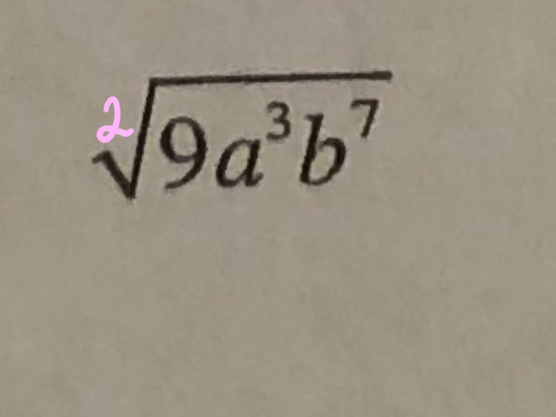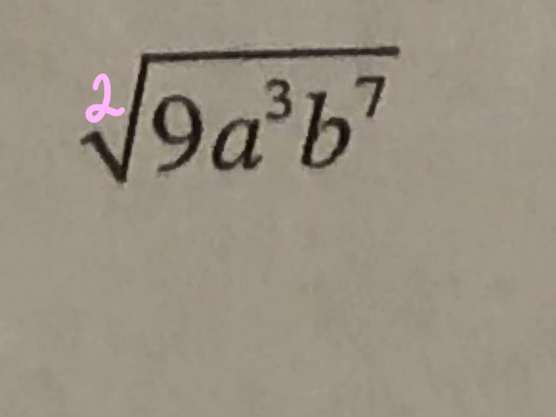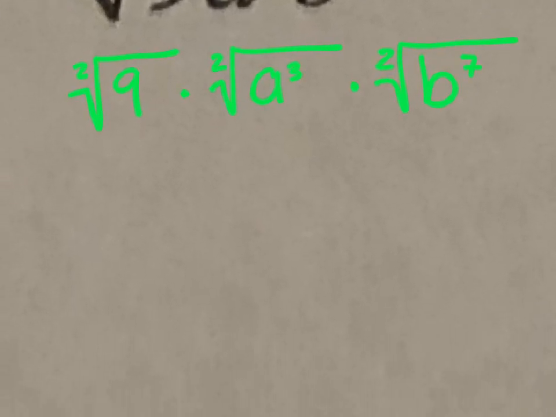Square root. Okay. Let's simplify before we go. Another way I want you to look at this is, remember this is all multiplication, right? So you could break this all up into its own separate thing. So you could do the square root of 9 times the square root of a to the third times the square root of b to the seventh, if it's easier for you to look at it like this.